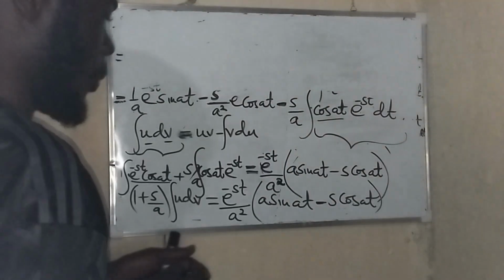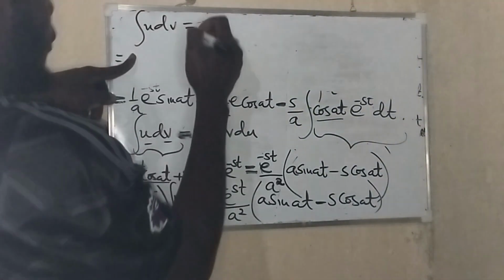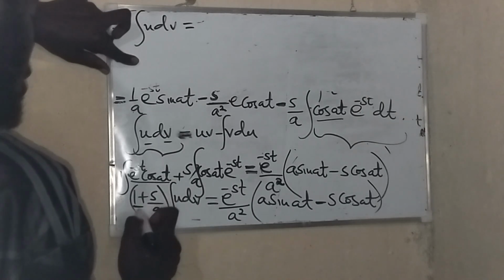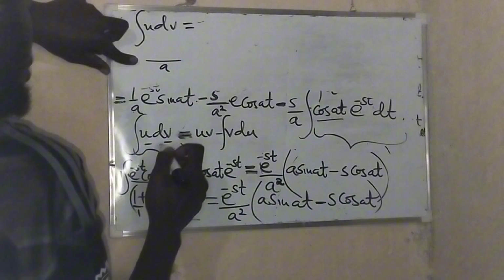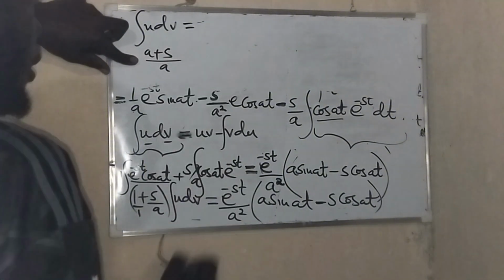Now our final answer for the integral of u dv we can simplify over 1. We have a, then we have a plus s.